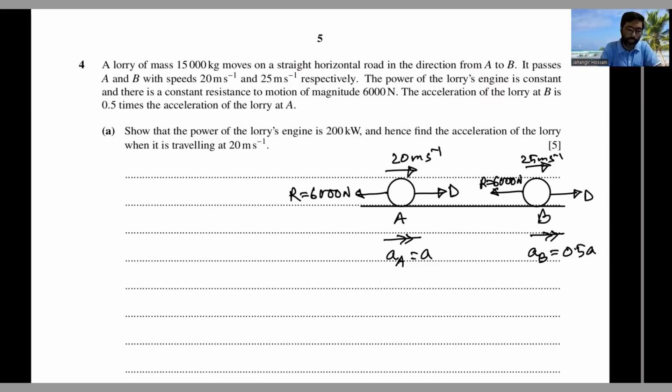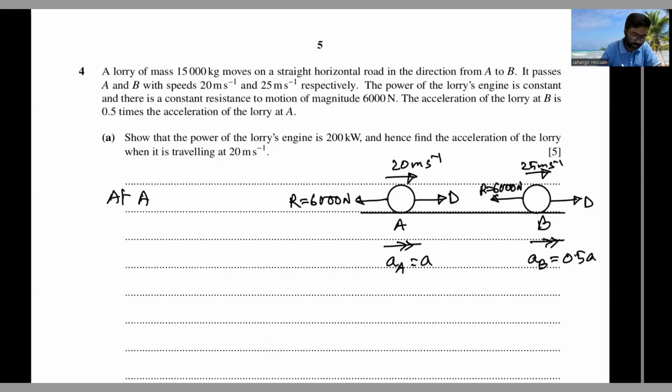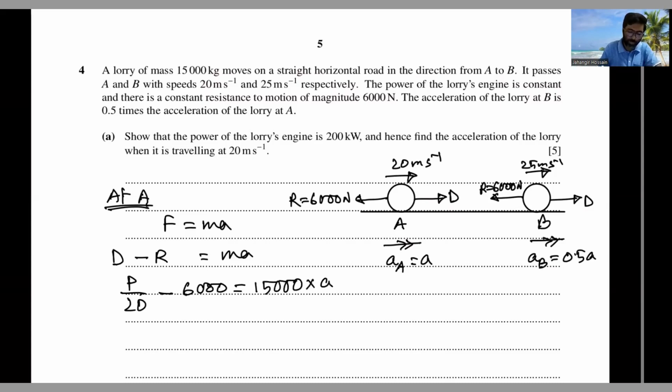Okay, now let's set the equation for the lorry. At A, applying Newton's second law, it will be D minus R equal to ma. D is P by V, V is 20, minus 6,000 equal to m, 15,000, into a.